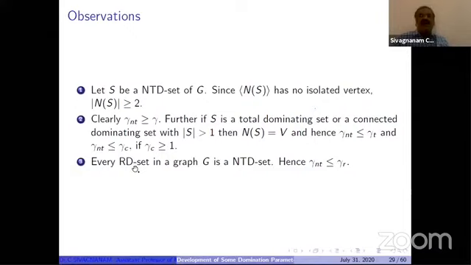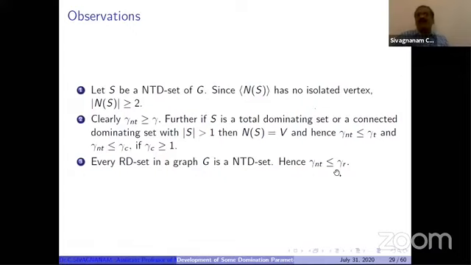Every RD set, meaning restrained dominating set, in a graph: what is a restrained dominating set? Its complement contains no isolated vertex. So if the complement contains no isolated vertex, automatically NS contains no isolated vertex. So every restrained dominating set is a neighborhood total dominating set, and hence gamma NT is less than or equal to gamma R.